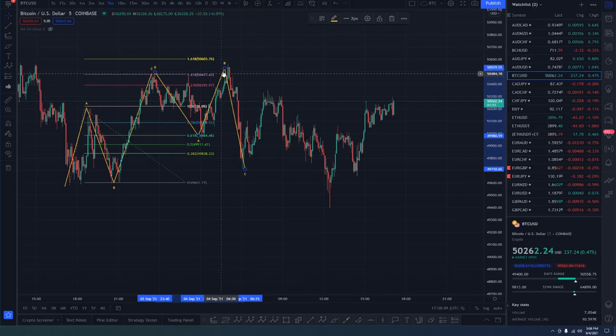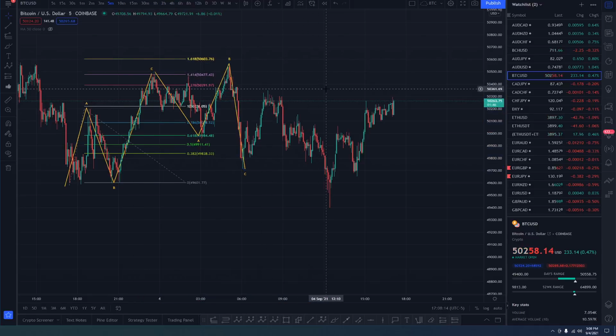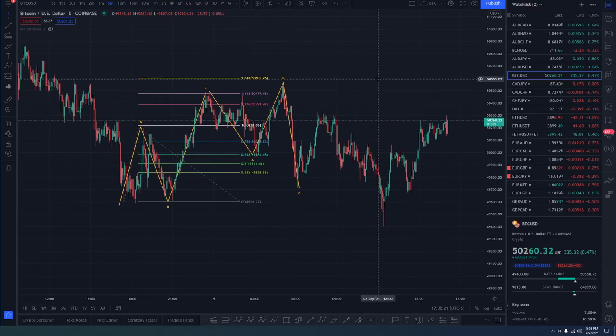But this time, the B wave came beyond the origin of A. That means, what kind of flat is that one? Regular, expanded, or running? Expanded, yeah, it's expanded because here's the way you remember it: it expanded beyond the origin of A. So it went beyond it. So it's an expanded flat. Very good.